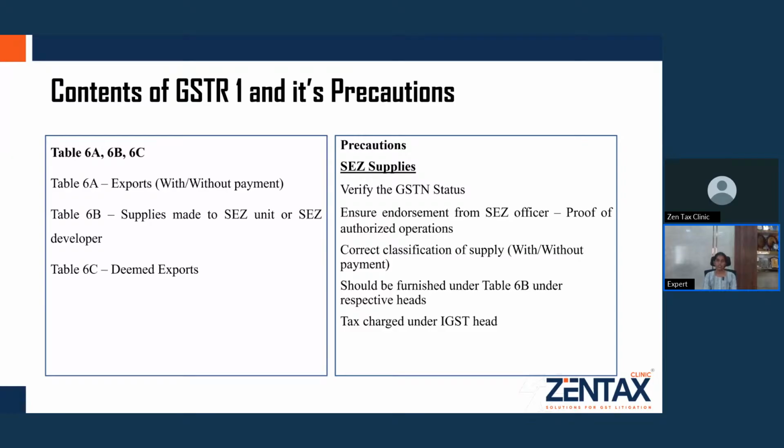This authorization proves that such goods are used for authorized operations only, which implies that such supplies are made to the SEZ unit. In classification, here also SEZ supplies are of two types, either with payment or without payment. This should be classified correctly and declared in the GST returns.